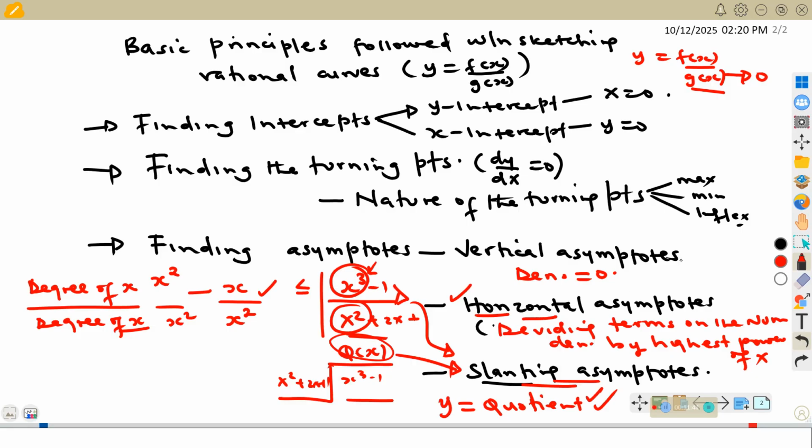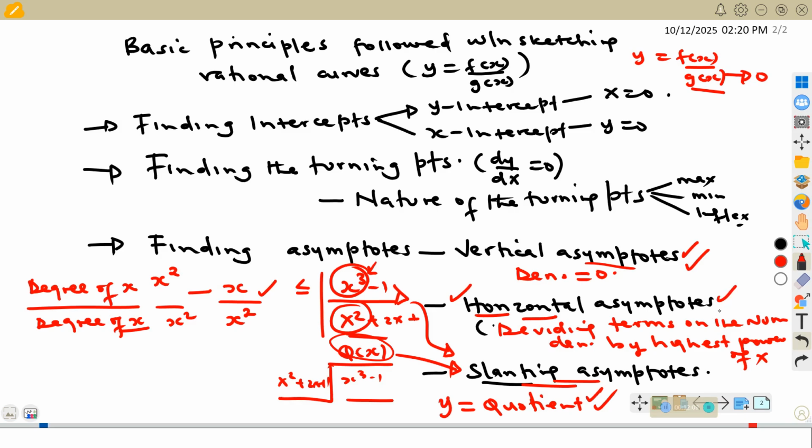So in most cases, if you are dealing with rational curves, you expect to have the vertical asymptotes. That is when we equate this one to 0. Then to look at the horizontal asymptote and the slanting asymptote, you look at the degree of x in the numerator and the denominator. That will give you the impression of what you expect.